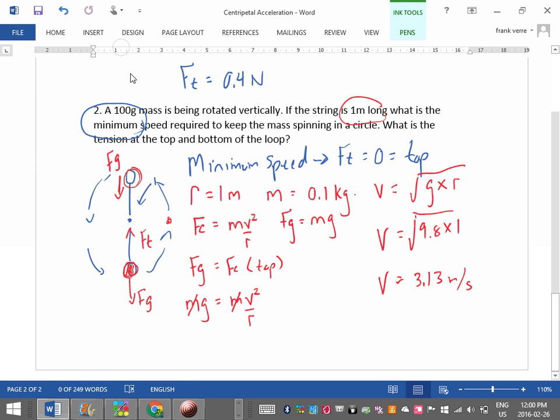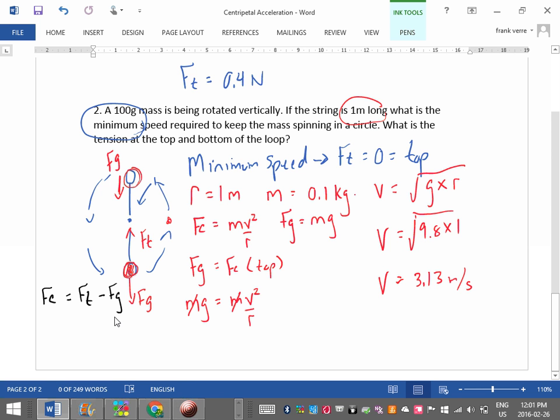Let's change the color. So let's look at the bottom. At the bottom, we know that the speed is 3.13. So tell me if this makes sense. The centripetal force has to be the difference between the tension and the weight.